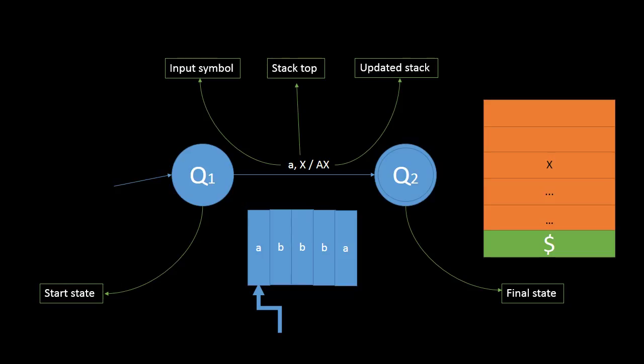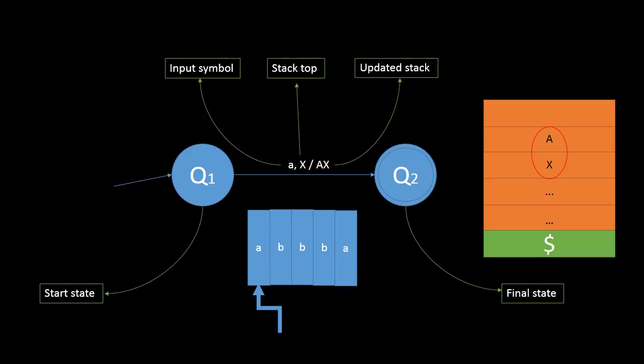If these three conditions hold, if the state is Q1, if the input symbol is A, and if the stack top is X, then the stack is updated to AX. So a capital A is pushed on top of the stack, which makes the new stack AX, and then the rest of the stack.